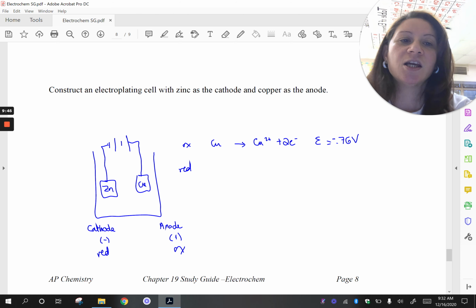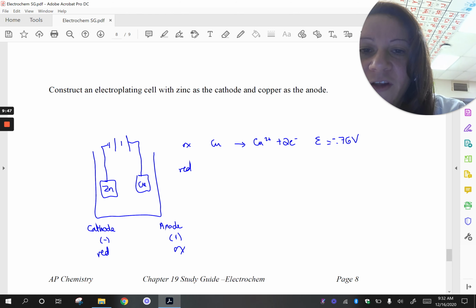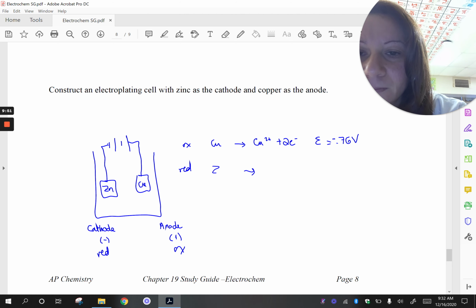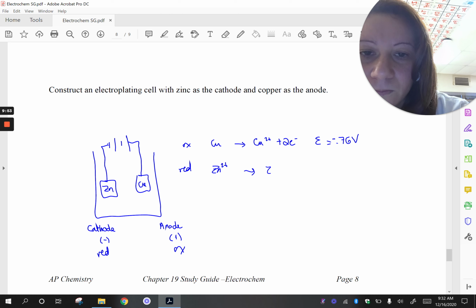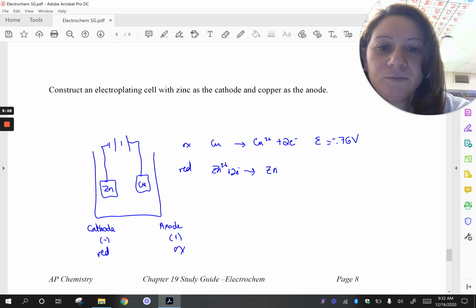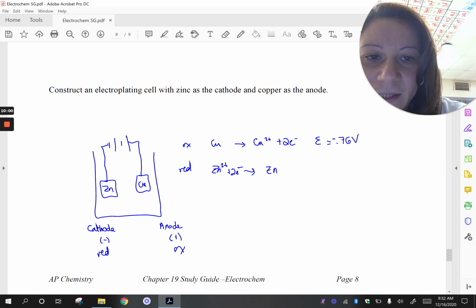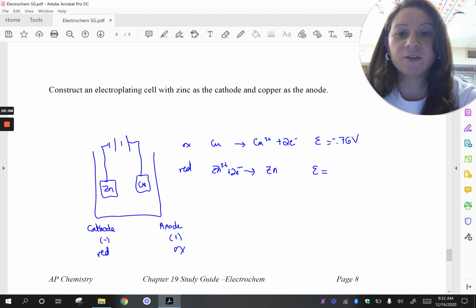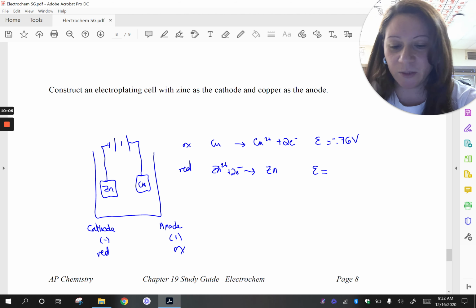Okay, let's look at the reduction at the cathode. Zinc is being reduced. And so if I'm reducing zinc, that means I'm going from the 2+ to the neutral. And to do that, I need to gain some electrons. My reduction potential here, this is reduction, so we read it as is from the table.